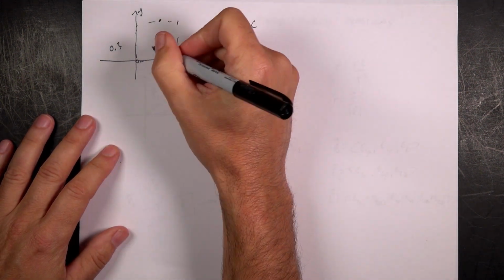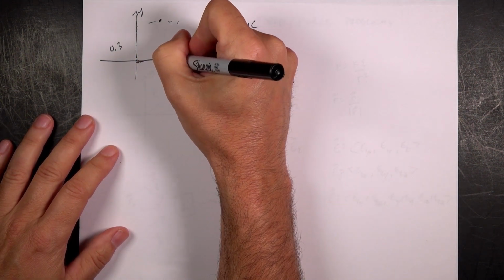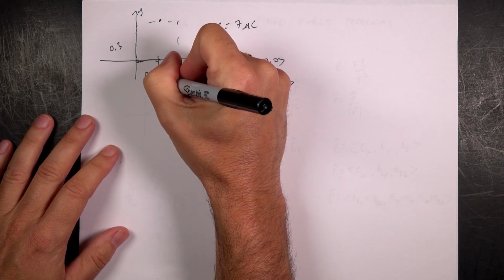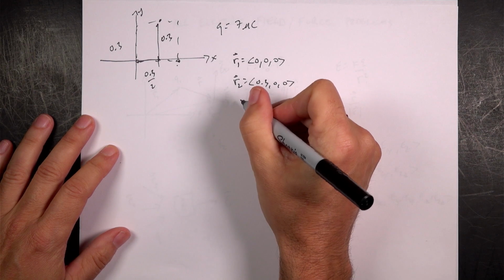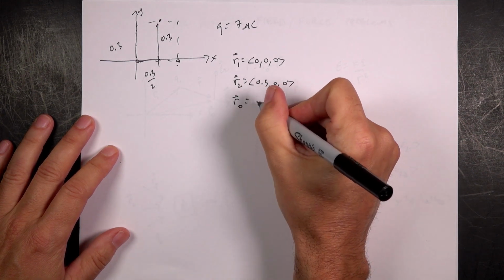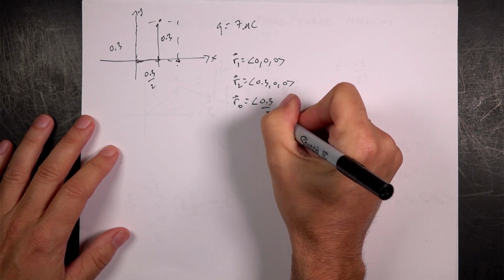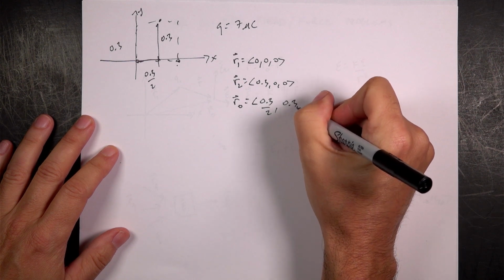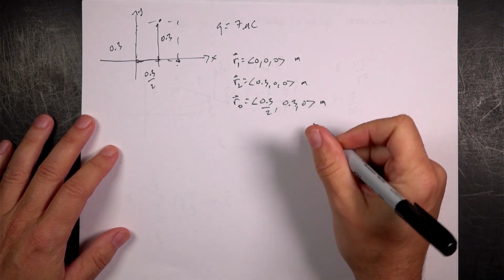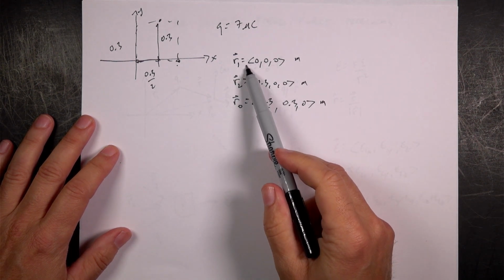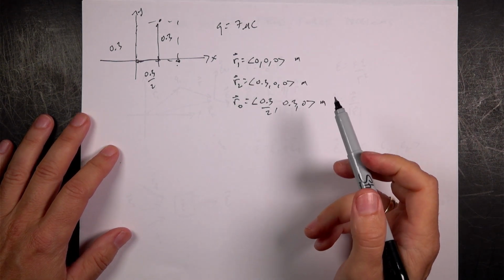Now what about this charge? Well, I'm going to go over 0.3 over 2 and then up 0.3. So RO is going to be equal to 0.3 over 2, 0.3, 0. And these are all in meters. So now that I have that, I can find E1, I can find E2, and I can find the total.